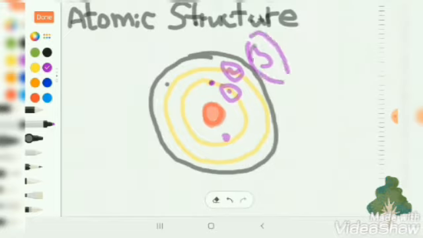So as orbit number increases, energy of the orbit also increases. I mention again, I repeat again, electron do not have energy. Orbits, particular orbits contain energy.